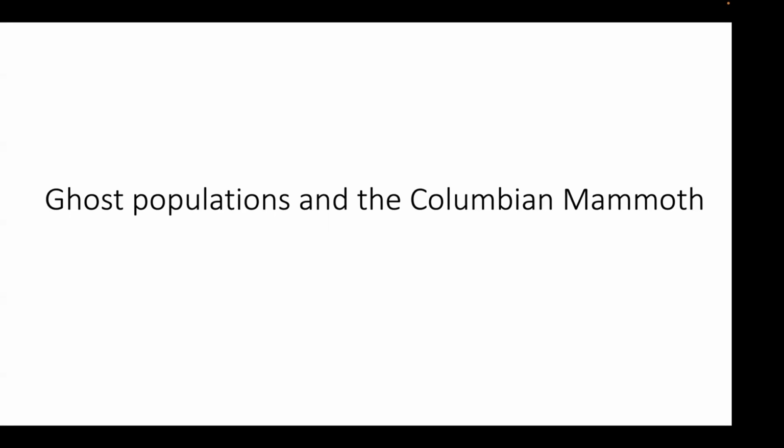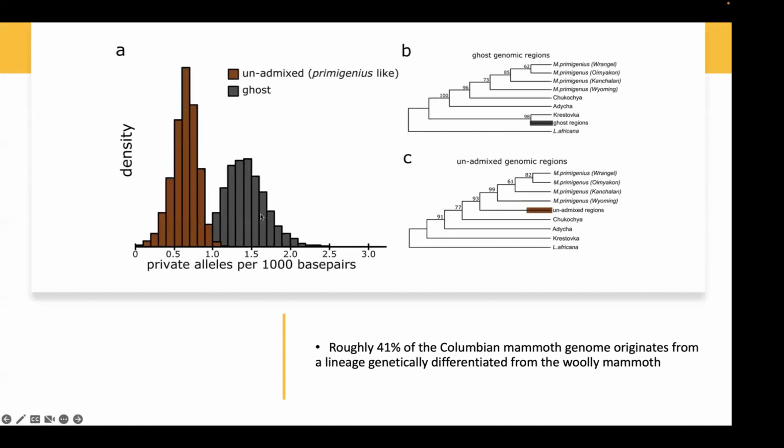I'm going to explain what that means. When this paper analyzed Columbian mammoth DNA, it predicted its relationship to the other mammoths that we have, for example the woolly mammoth, and then the African elephant, which is not a mammoth but is another species of elephant. And so we can try to piece back the family history.